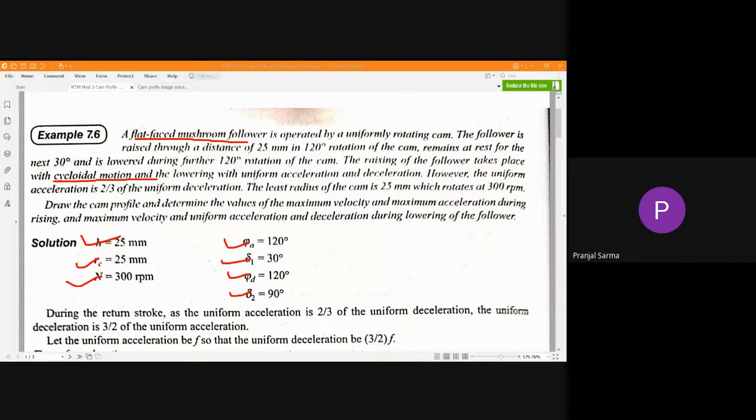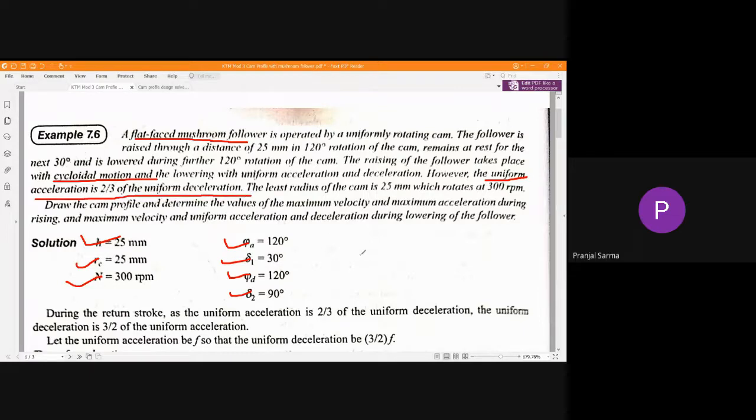That way we have considered whenever a question mentioned that a stroke is with uniform acceleration and retardation. But in the last question, it was somewhat different. It was said the uniform acceleration was two-thirds of the uniform deceleration.